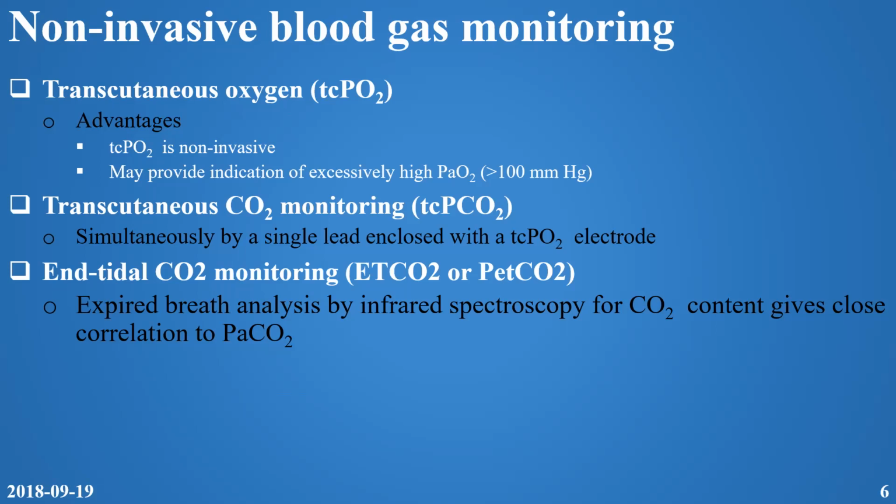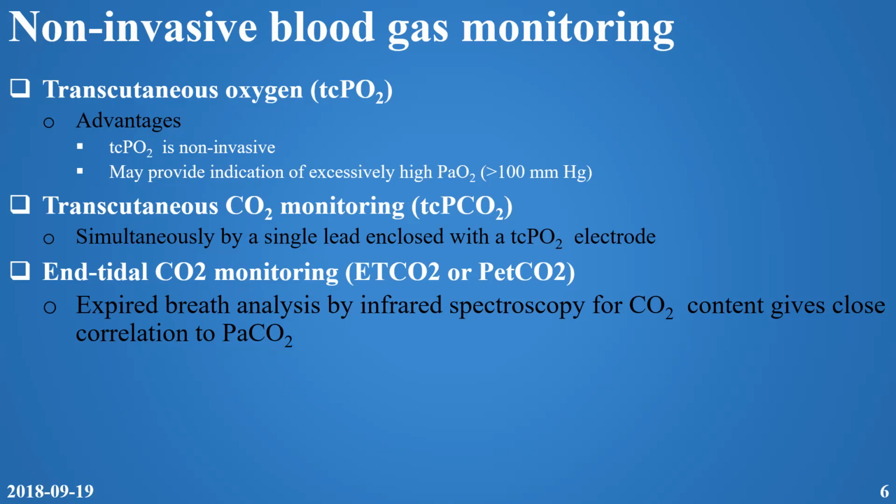Transcutaneous CO2 is exactly like transcutaneous oxygen, no difference. But here it measures oxygen, here it measures CO2. And end-tidal CO2 measures the carbon dioxide in the tube. It measures at the end of the tidal volume, so the end of inhalation, the beginning of exhalation.